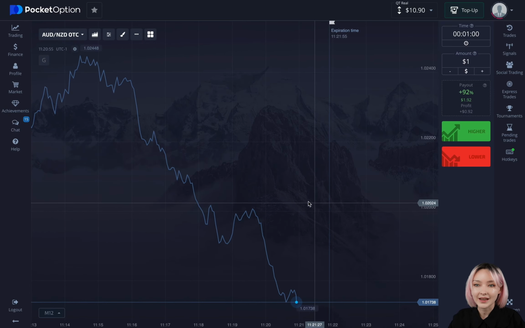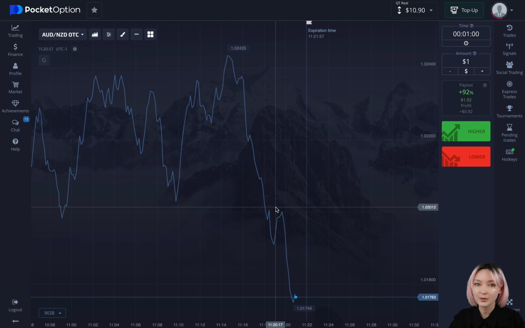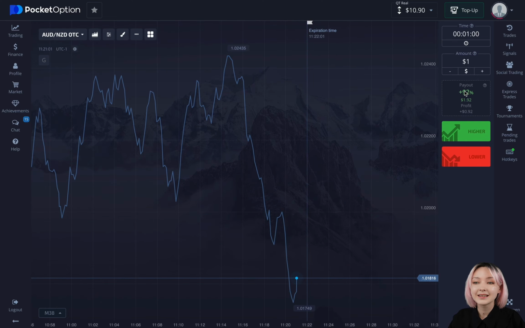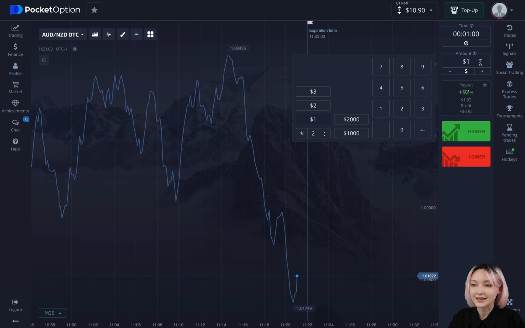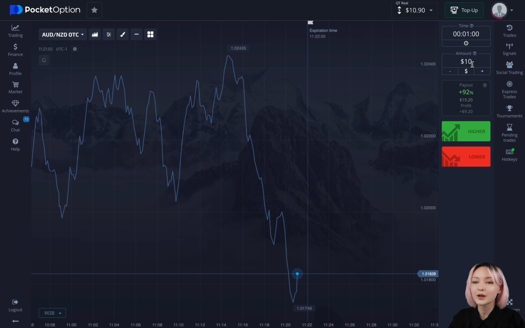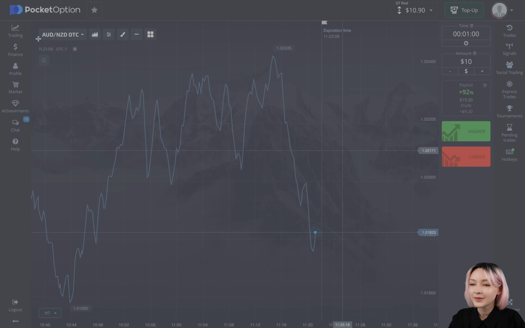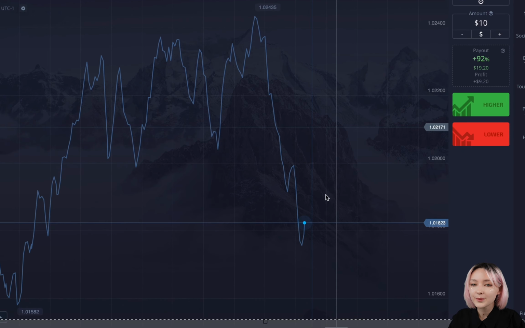The point of today's way of making money is predicting the upcoming market direction. If our guess ends up correct, we'll be earning up to 92% of each deal's amount. Basically, if I place a $10 deal upwards right here, here's the market, for example. The price is at this point at the moment. We make a $10 deal upwards.